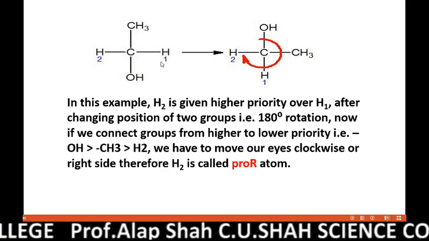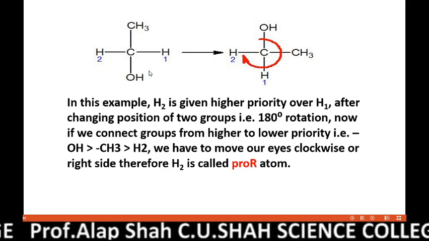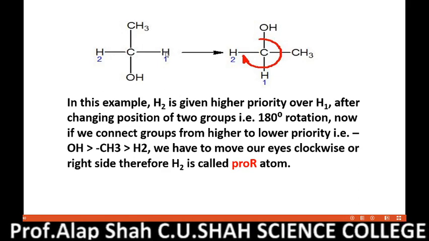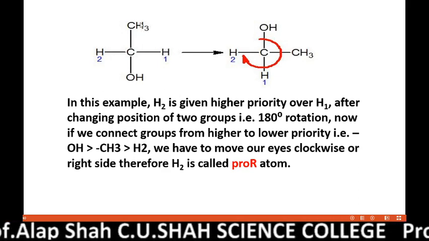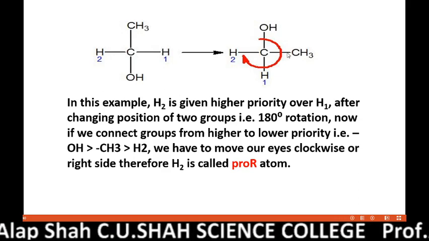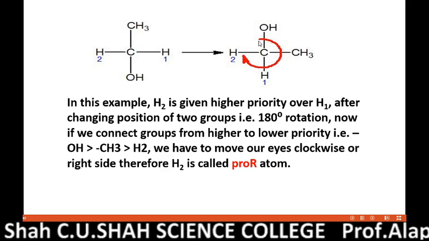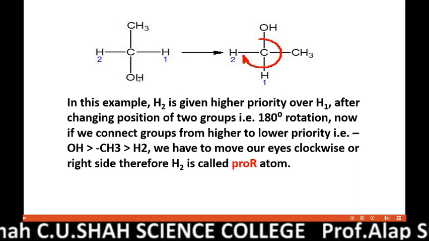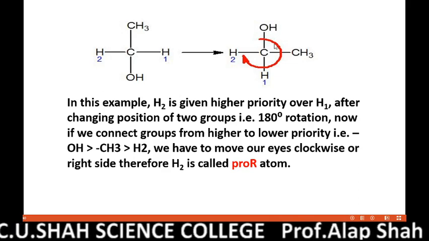So a 90-degree rotation is not allowed, but 180 is allowed. So after OH is shifted over here, we will also change one more pair. So 90 plus 90, a 180-degree rotation, and we get this final compound. I have done both the steps together. First I changed this pair and later on this pair. So we get this compound.